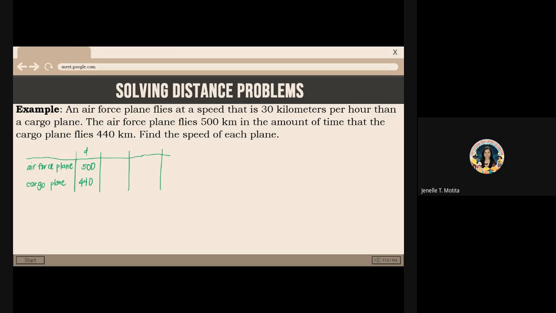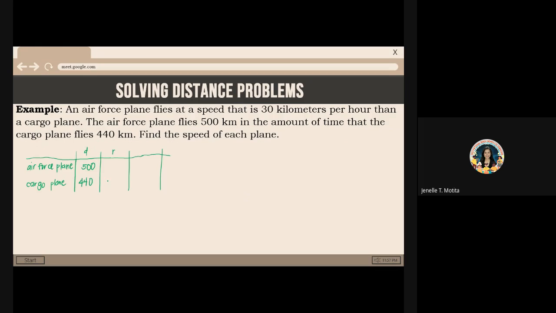Next, after identifying the distance, we have here the speed, and we could represent this by R since this is the rate. It says here, Air Force plane flies at a speed that is 30 kilometers per hour faster than a cargo plane. So which is missing? The speed of the cargo plane.